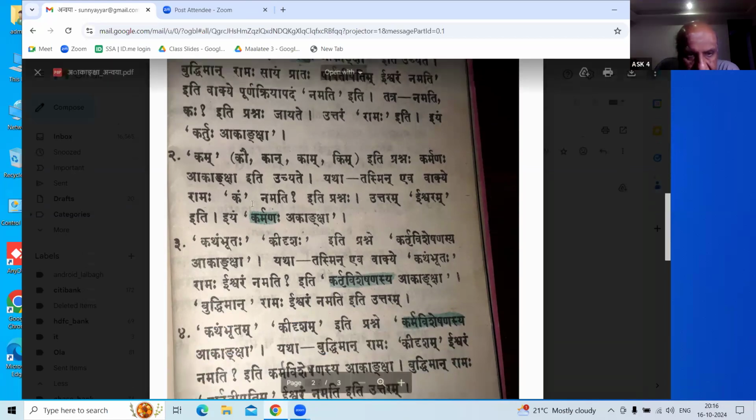Yatha tasminneva vakye Ramaha kam namati. In the first instance, we said kaha namati, who does the namaskara. Namati means to do the salutation. Second is kam namati, that is to find out the object. Whom is he going to salute? Kam namati iti prashnaha. Uttaram Ishwaram iti.